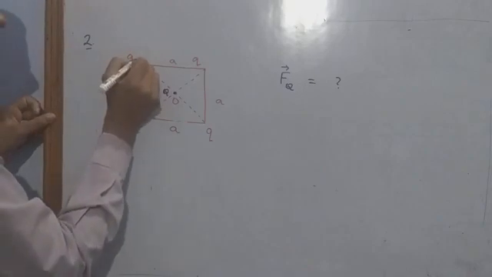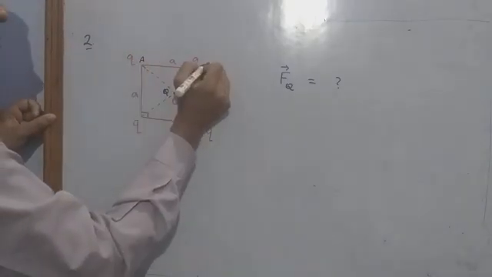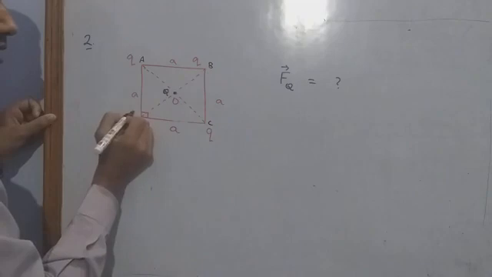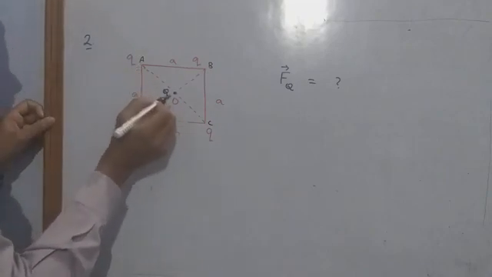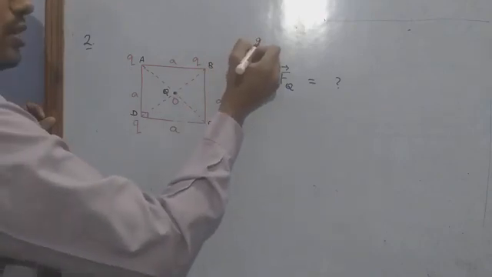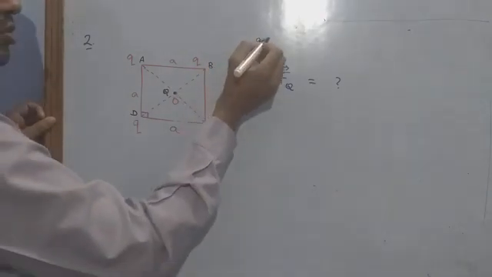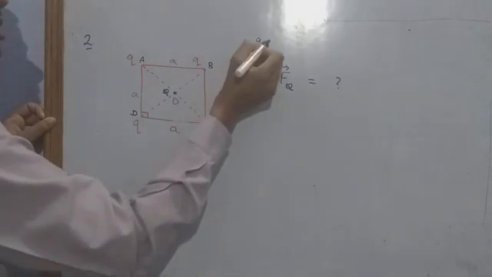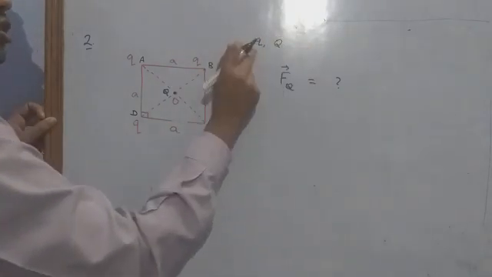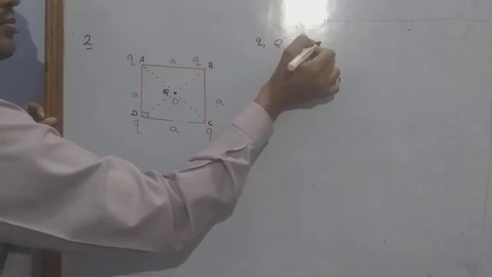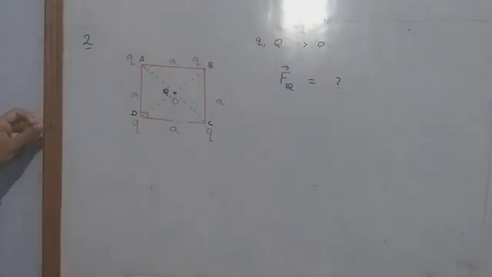Let me name these vertices as A, B, C and D. We assume here, it may be given in the question also, that both charges, small q and capital Q, are positive.